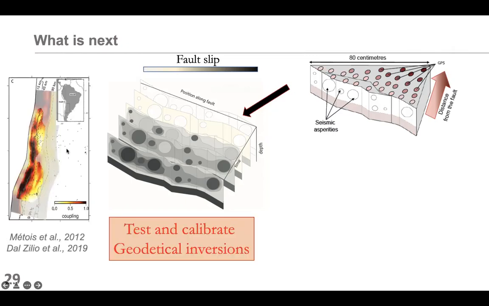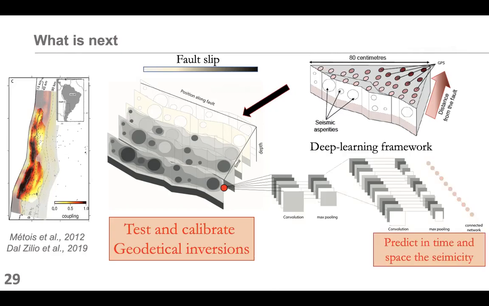And this will allow us to test and calibrate geodetic inversions that are done in the field, because in that experiment, we will know the exact frictional properties of the interface, while in nature, we don't have strong constraints on the fault geometry as well as on the frictional properties.